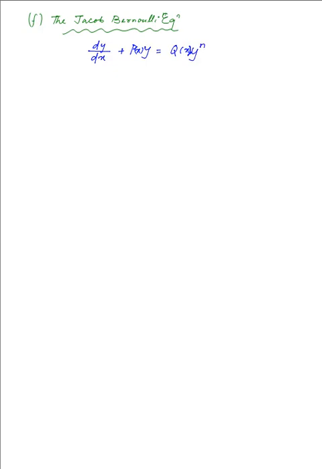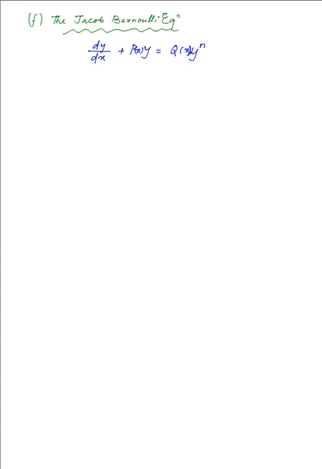Interestingly, we have a higher power of y, which is not the case in linear equations. So this is a non-linear equation. However, it can be reduced to a linear one, and then we can have the solution.